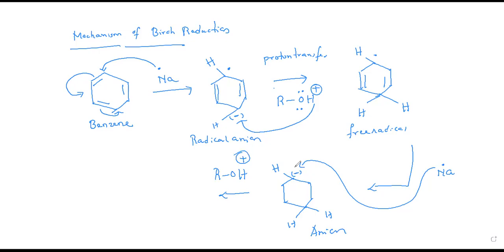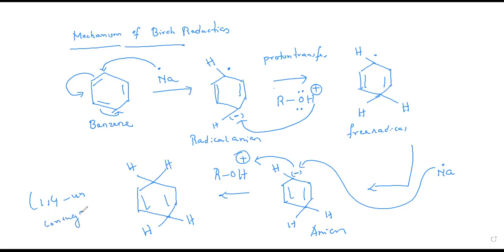When it donates these electrons to the hydrogen atom, you are going to get a new sigma bond here with another hydrogen atom. So this is called 1,4 unconjugated diene, which is the final product of your Birch reduction.